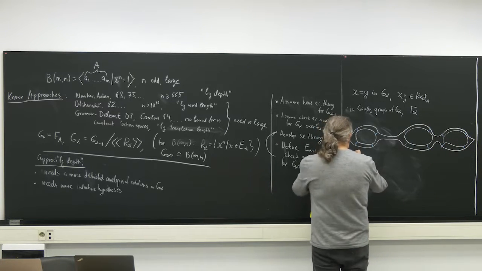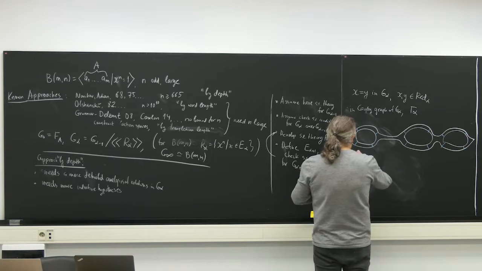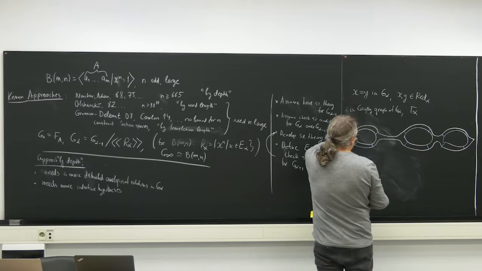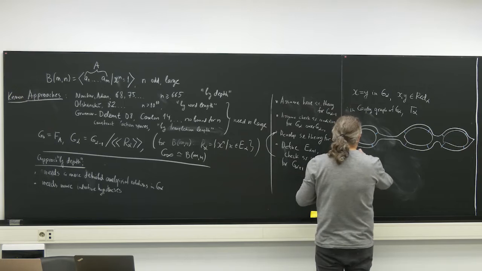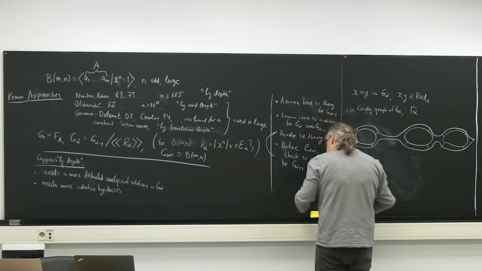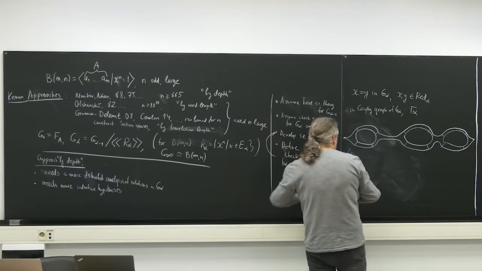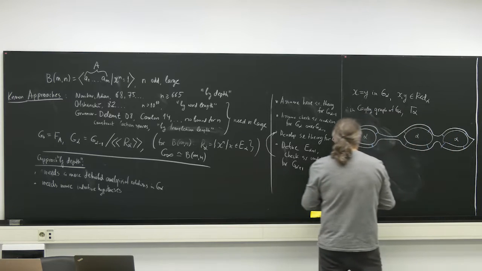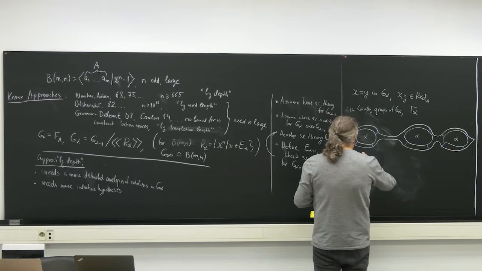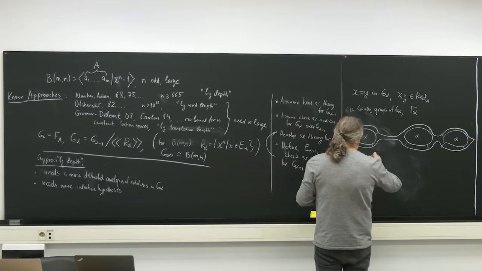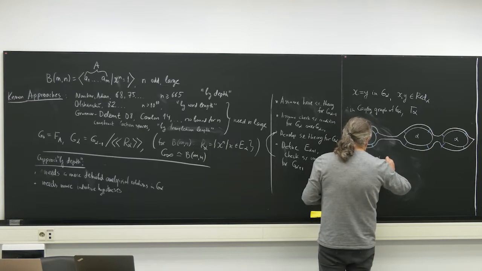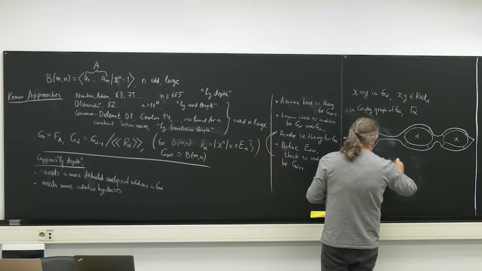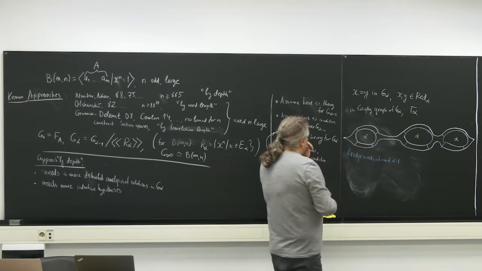Here we have the bridge words of rank alpha minus 1. These are relator loops of rank alpha. So we have these bridge words of rank alpha minus 1.